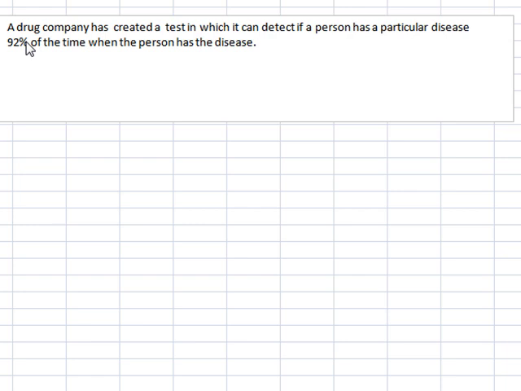But now we know from studying sampling distributions that 92% is really the center of a distribution. And if we look at samples of a particular size, then when we sample, we're going to get different proportions other than the 92% most likely.